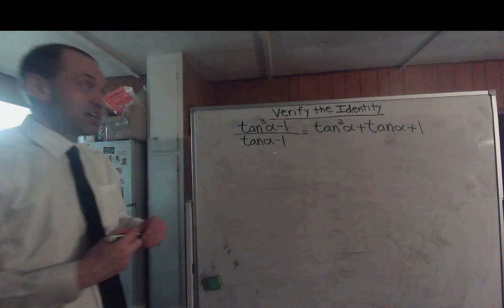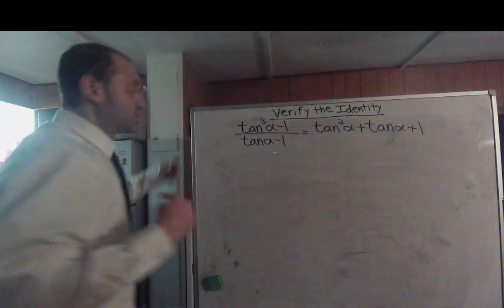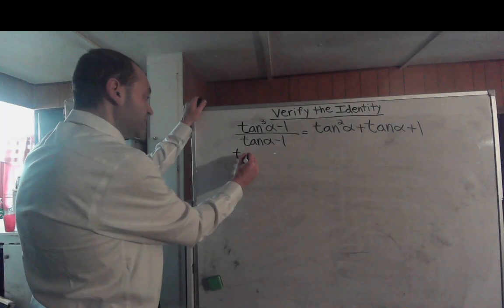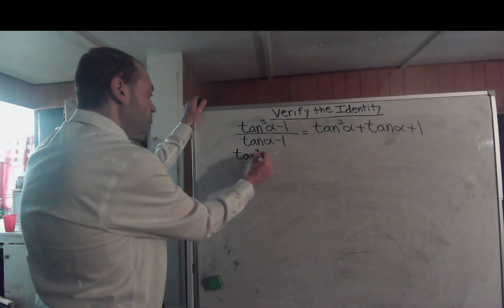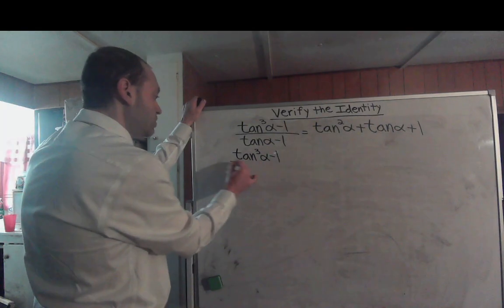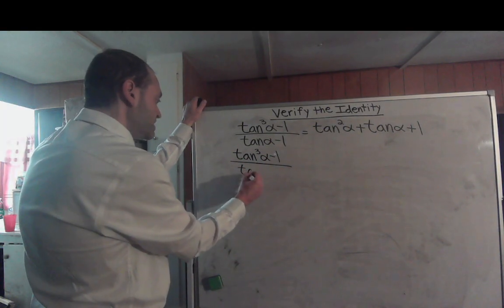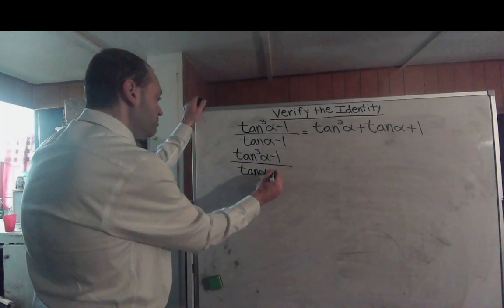That's actually not going to be hard at all. So let's write out the left-hand side again. So you have the tangent cubed of alpha minus 1 over the tangent of alpha minus 1.